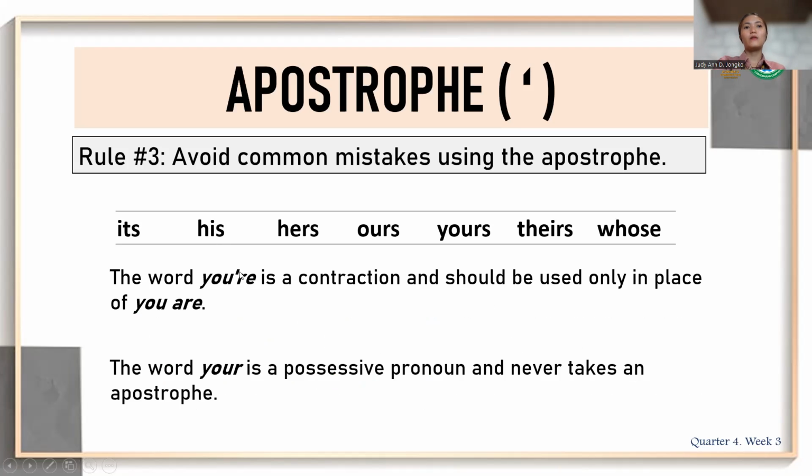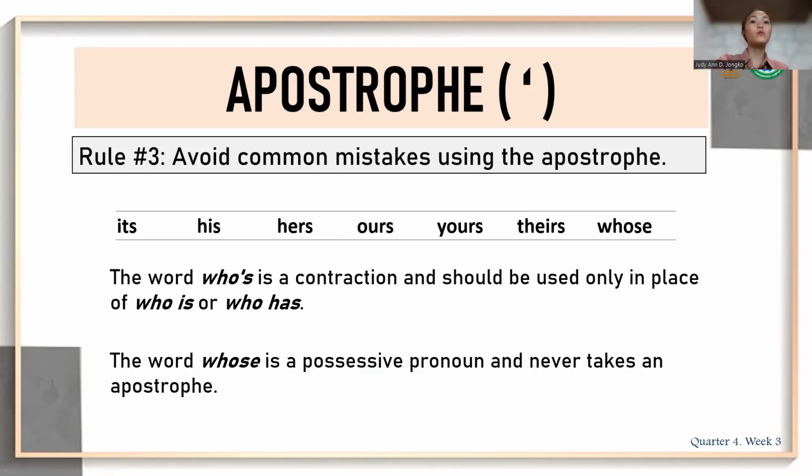So always remember the difference between the two: you're with apostrophe re is a contraction that you should only use to replace you are. It is a short form for you are. The second one, your without apostrophe, is a possessive pronoun that never takes an apostrophe.